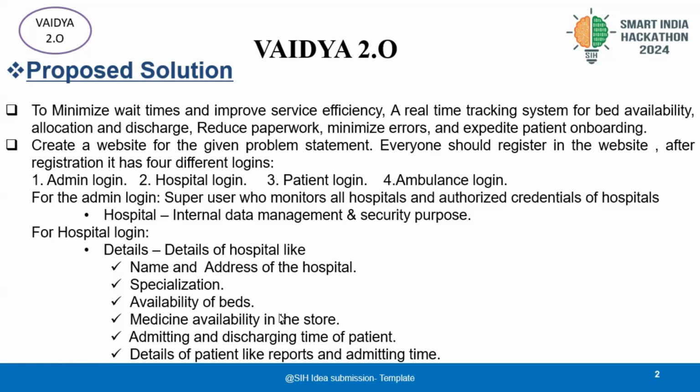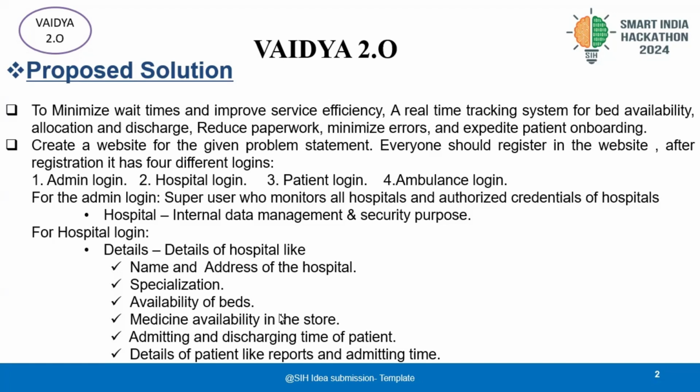The hospital should upload the availability of beds, including the type of beds and whether the beds are filled or not, as well as medicine availability in the store, admitting and discharging times of patients, and details of patients like reports and admitting time.